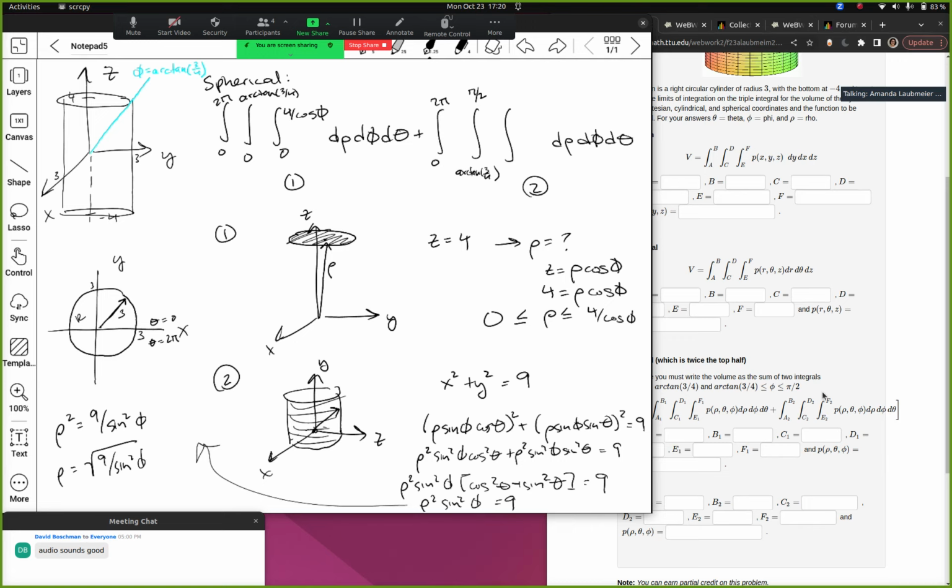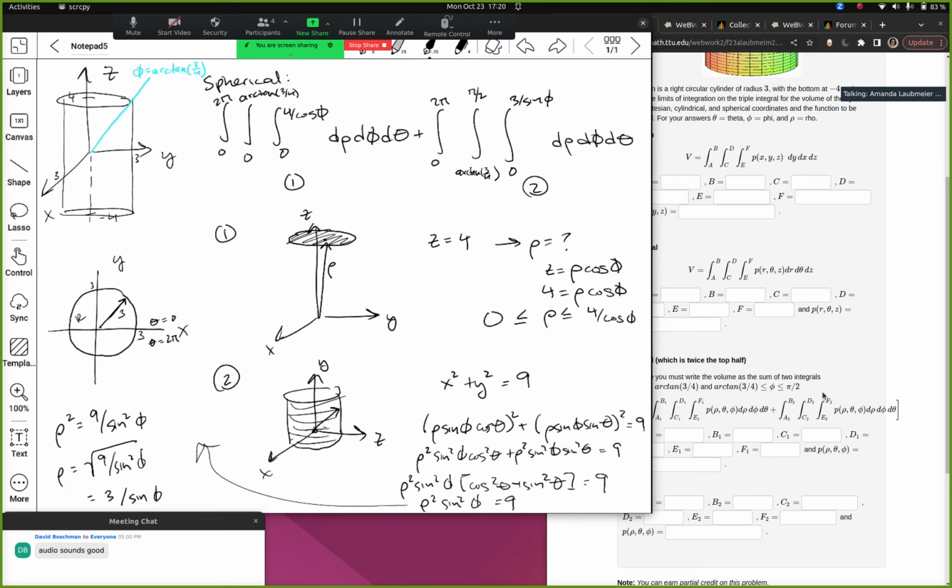Rho has to be a positive number. It starts from 0 and goes up, so that's actually going to be 3 over sine phi. And that would be how you write the bounds for that last part.